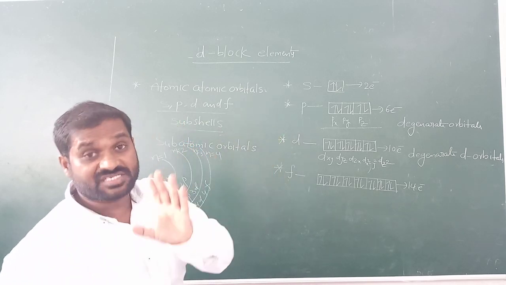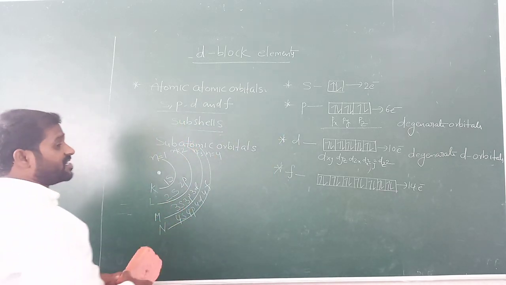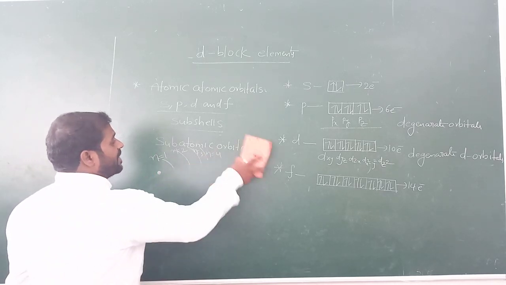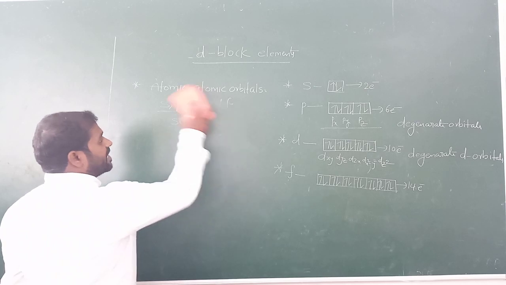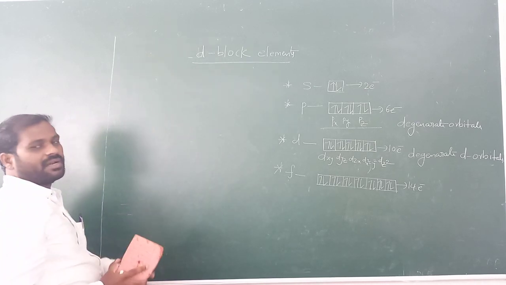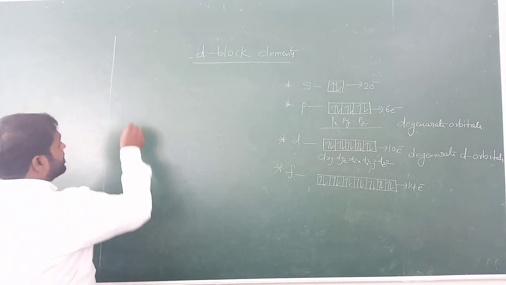Now what is the differentiating electron? Based on the differentiating electron, we classify the elements as s block elements, p block elements and d block elements. So before discussing d block elements, we have to learn about the differentiating electron.